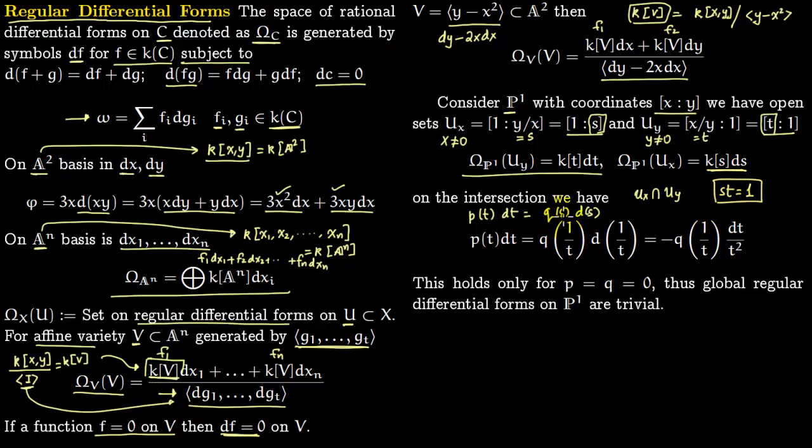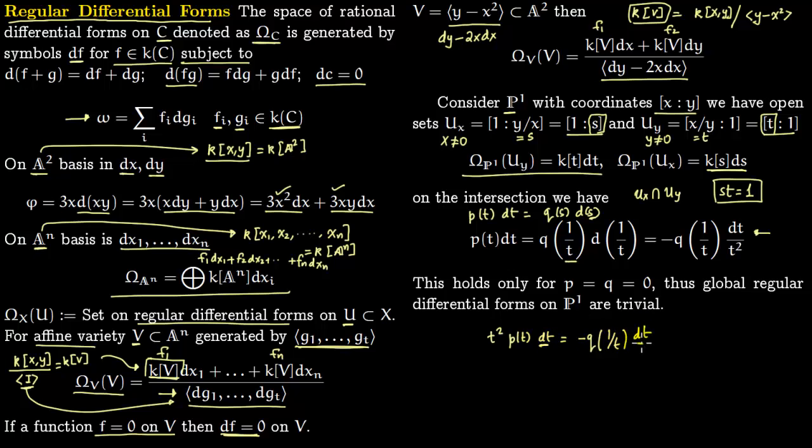Since st is 1, we replace s by 1 by t. Obviously you differentiate it, you get minus q(1/t) dt over t squared. Now this equation you can rewrite as t squared p(t) dt is equal to minus q(1/t) dt.